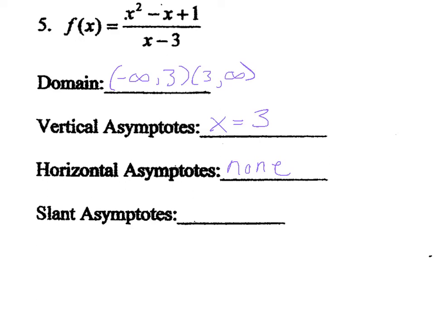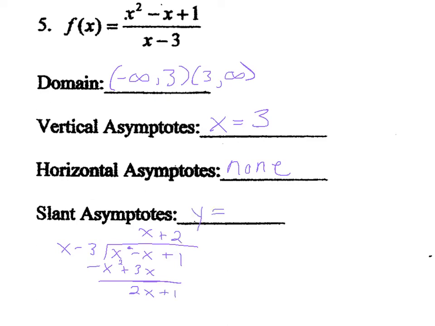Instead, I will have a slant asymptote, and I will need to do some long division to figure out what that slant asymptote will be. So I will multiply by x and then change the signs. So I have 2x plus 1, and I would need a 2. So my slant asymptote is y equals x plus 2.